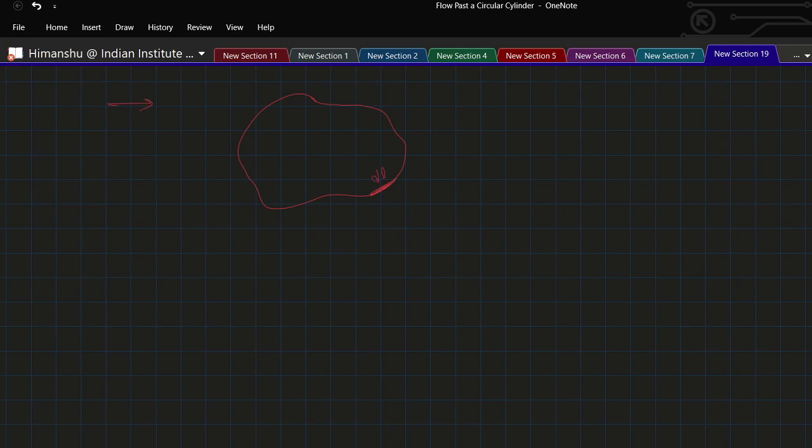Now if there is a free stream velocity, and we are ignoring viscous effects because we are dealing with potential flows, then viscous effects are ignored, so the only force that is being applied on this body is the pressure force.